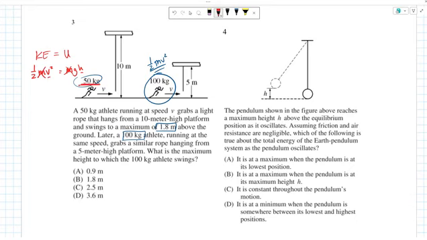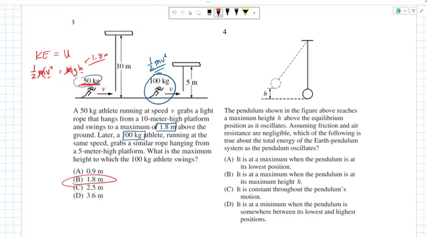So if he's going a speed of v and goes to a height of 1.8 meters, anything of any mass running at that speed of v is going to go to the same height. So the next athlete, who happens to be 100 kilograms, is going the same speed. Even though the rope is different, even though they have more mass, they will rise to the same height.